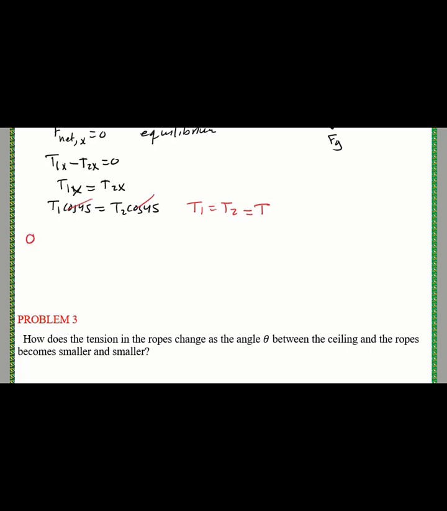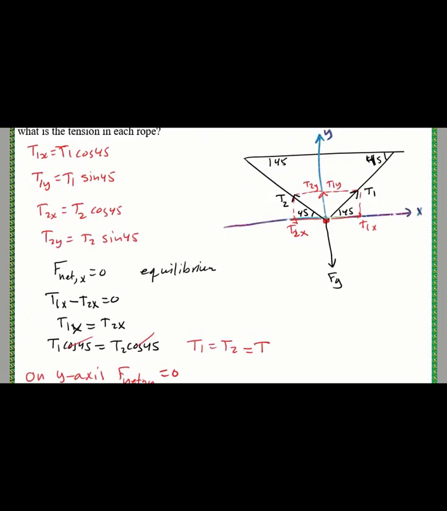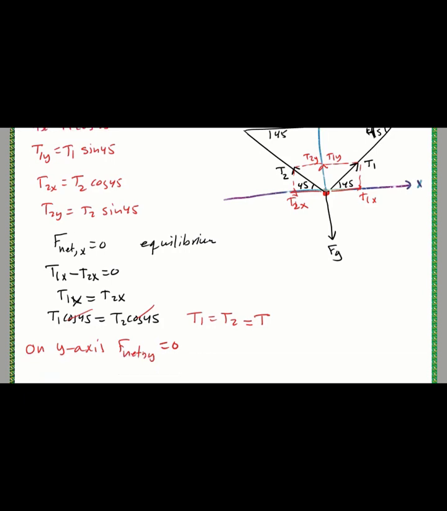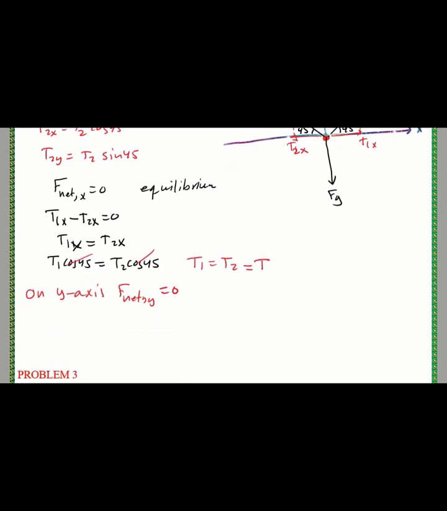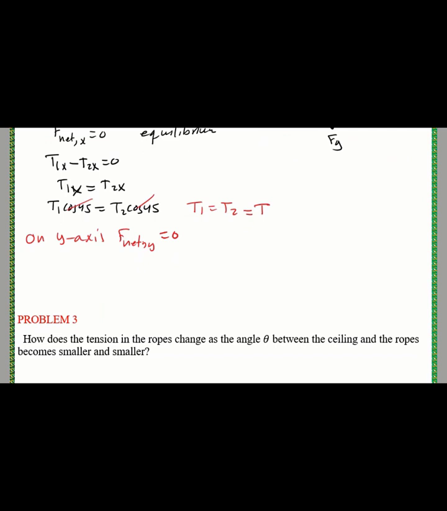On the y-axis also we have equilibrium, so F net on the y-axis equals 0. What do we have on the y-axis? We have T1y plus T2y up and Fg downward.